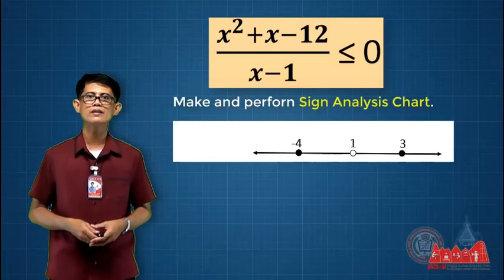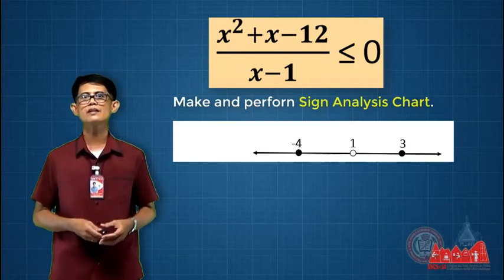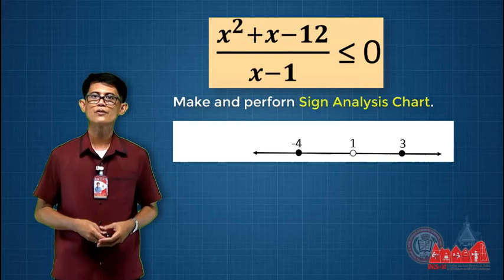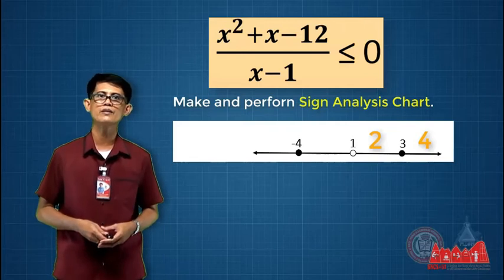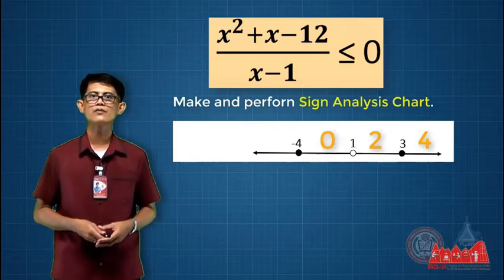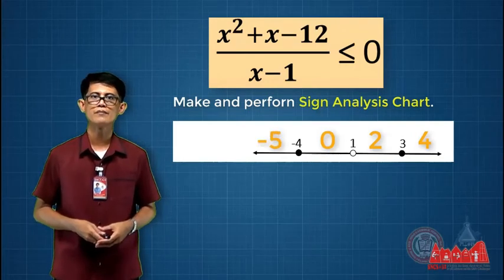Next, we choose one integer in each interval to be our test point. For values greater than 3, I choose 4. For values between 1 and 3, I choose 2. For values between negative 4 and 1, I choose 0. And for values less than negative 4, I choose negative 5.